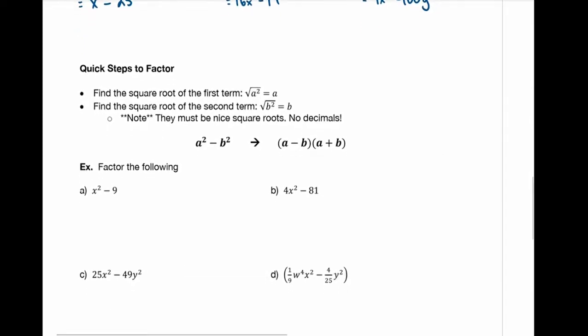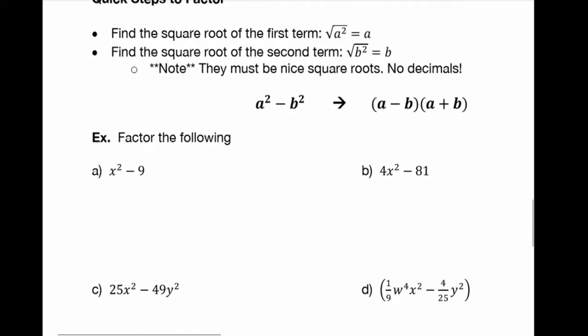So if we look at the first one, x squared minus 9. Right off the bat, it does look like a difference of squares because there are only two terms, they're separated by a minus, and the two numbers tend to be perfect squares. So the square root of x squared is x, the square root of 9 is 3.